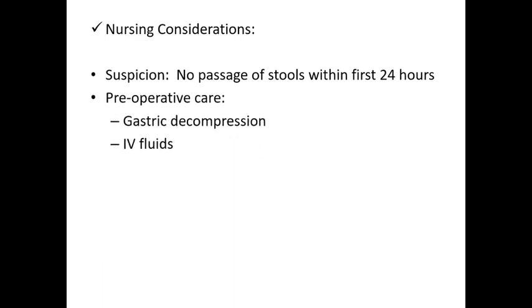So these are the nursing considerations in babies with imperforate anus. Suspicion: nurses will suspect the baby to have imperforate anus when the baby does not pass stools in the first 24 to 48 hours. Preoperatively, correction is always surgical.